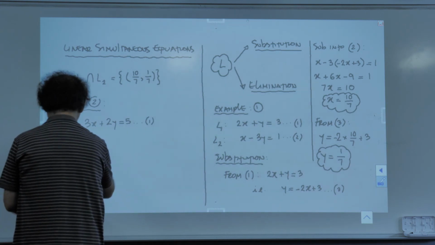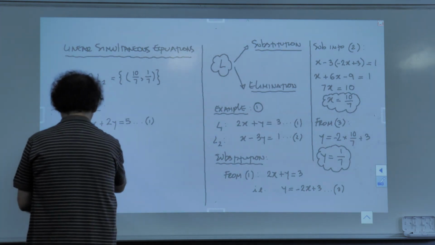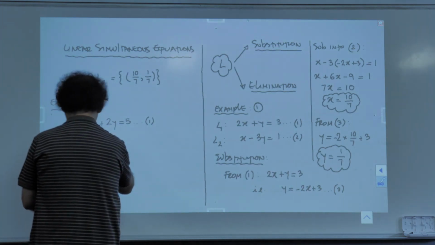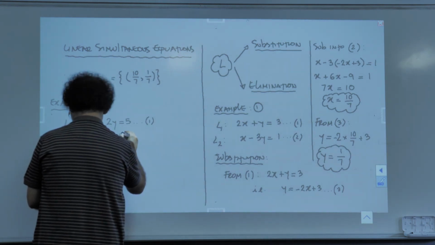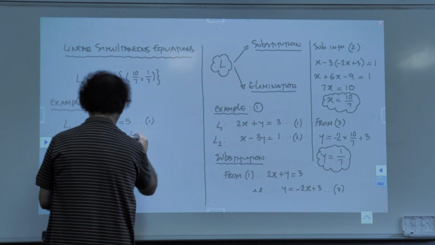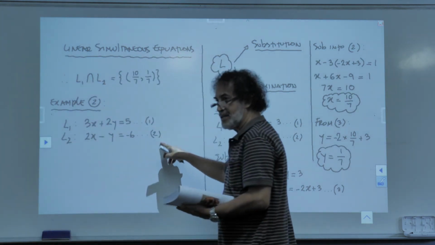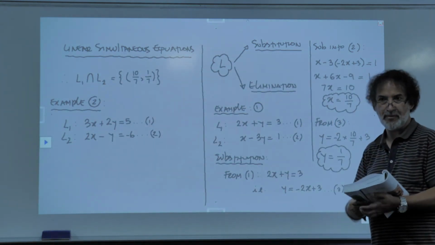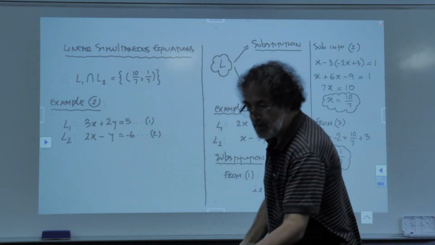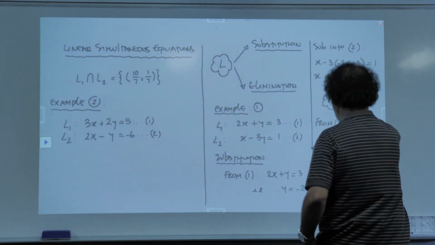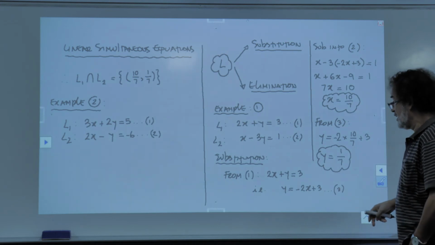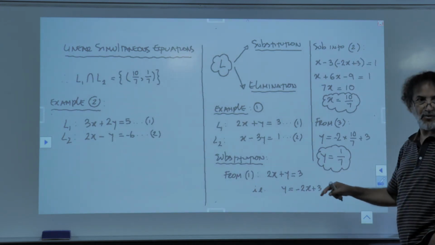Line 2 is going to be 2x minus y equals -6. Okay, can you please do this in the exact way that we did that one? Showing all the steps and writing all this from, okay, subbing to, yeah, I want you to do it this way.